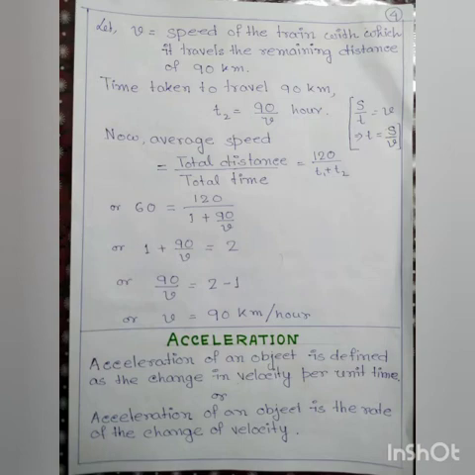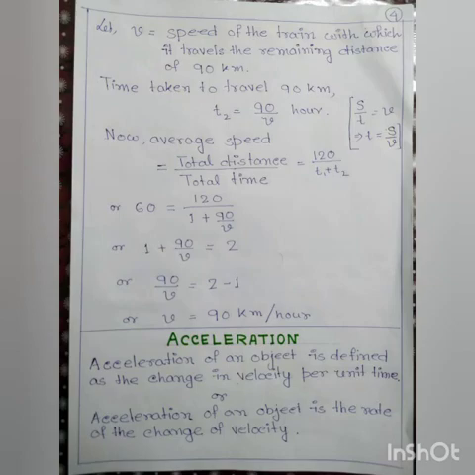If we divide this change in velocity by time, we get the rate of change of velocity, meaning in unit second what is the change in velocity. That is known as acceleration.